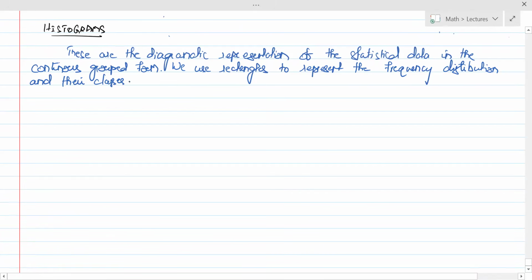Primarily in our syllabus we have two different types of histograms.